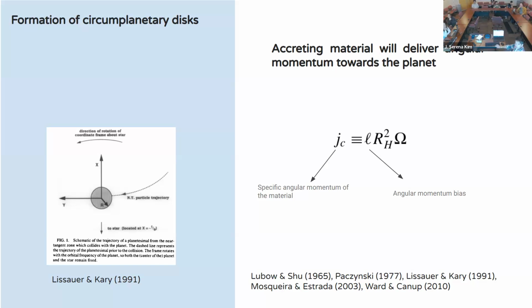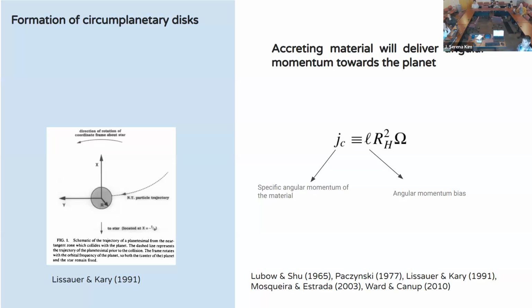But first of all, are these systems forming circumplanetary disks? Every time we see a 1-2 Jupiter mass-like planet out there, or at least in the case of PDS 70, are we looking into a circumplanetary disk, or are we looking into something else? And to answer that question, we need to first understand how circumplanetary disk formation takes place.